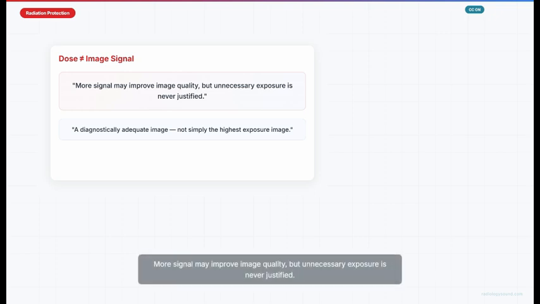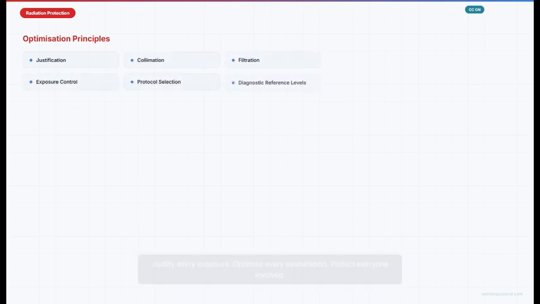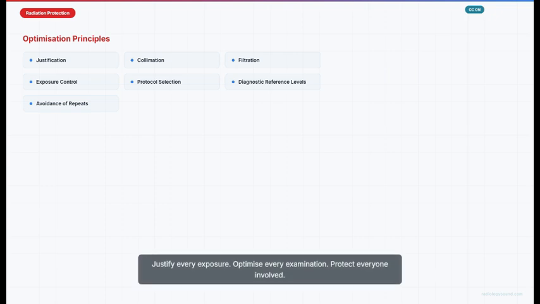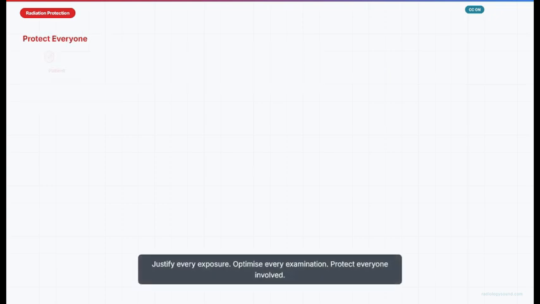And understand that sometimes dose is not equal to the image signal. For instance, you may have an image signal that is very high, but still the dose is very low. So with X-ray, you have to understand the optimization principles: justification, collimation, filtration, and other protocols.